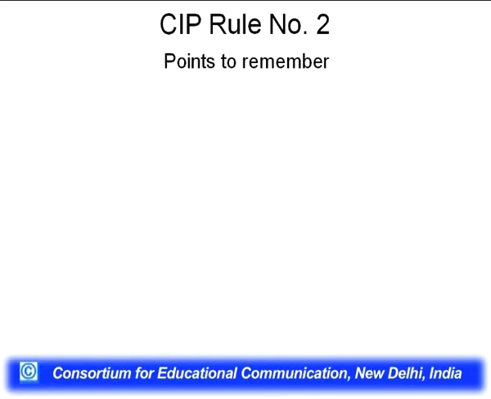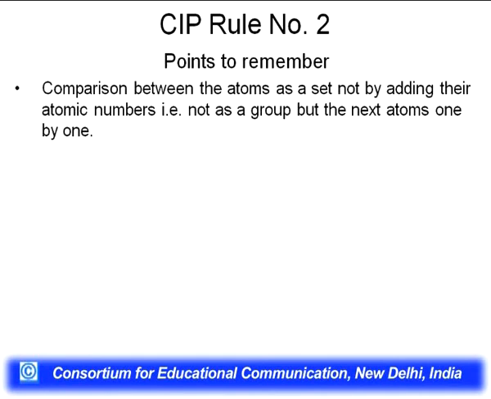Now, there are certain points to remember in this rule. When we are comparing the next set of atoms, we should not commit the mistake of adding the atomic numbers. Sometimes students add the atomic numbers of the next set of atoms and then get a wrong answer. We need not do it.